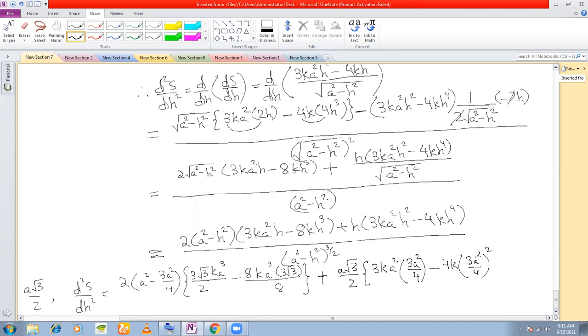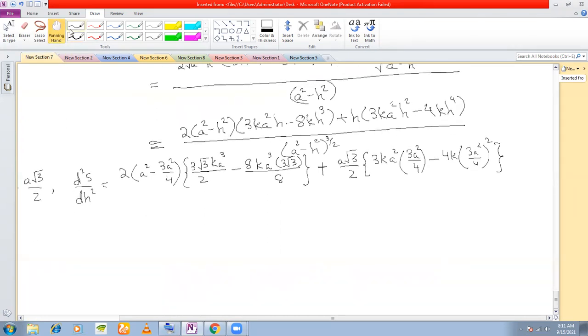Okay, so this is what you are getting. Now this will cancel here, obviously. 8 and 8, and this 4 and this 4 will cancel, divided by, and in the denominator you also put h equal to a root 3 by 2.